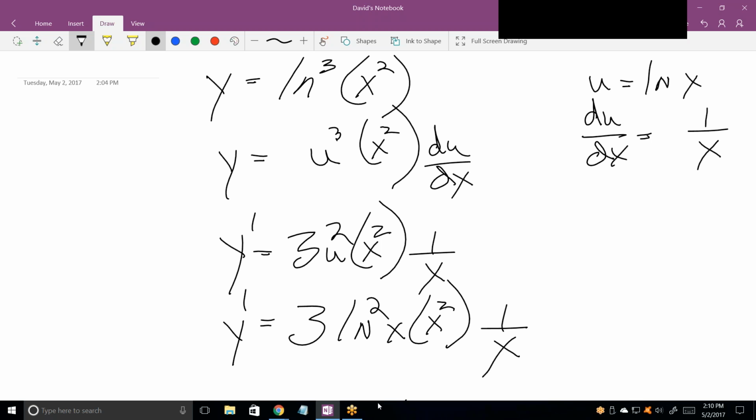So if I use u as the natural log of x, then I get 3u squared of x squared times the derivative du/dx, which is that. Now I also have to apply the second application of the chain rule, which is the derivative of the second inside, which is that.